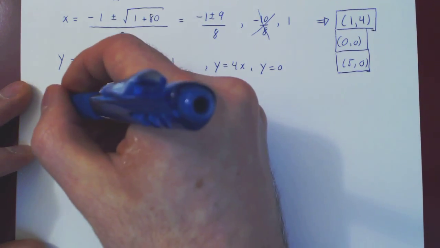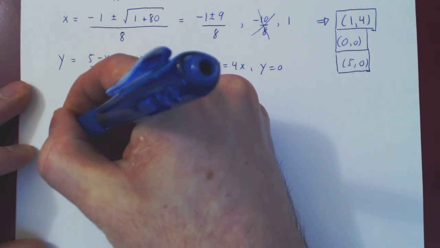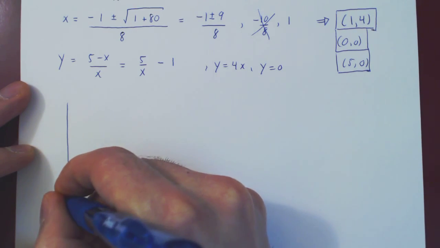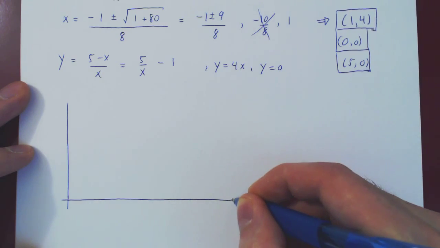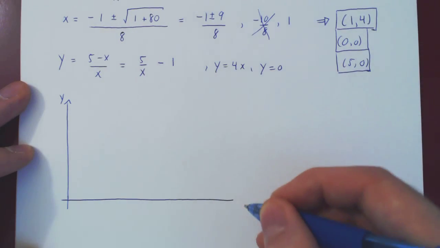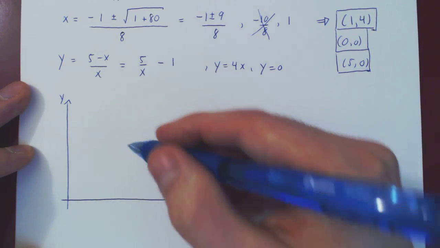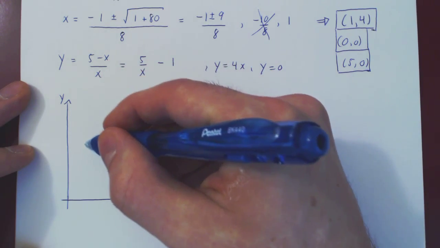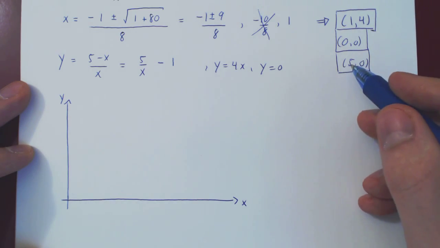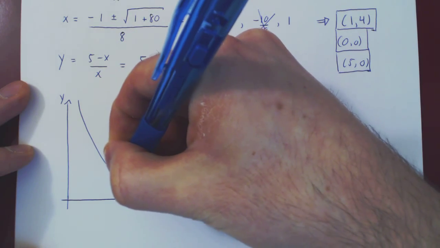So let's sketch the region now. So let's sketch this function first. So we're going to sketch 1 over x. It looks a little higher, and we know that this function is 0 when x equals 5. So it's going to look something like this.